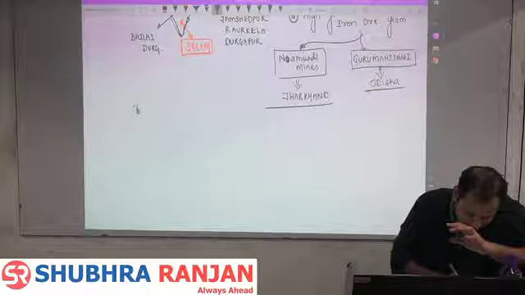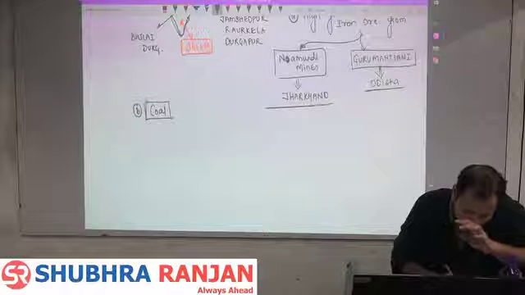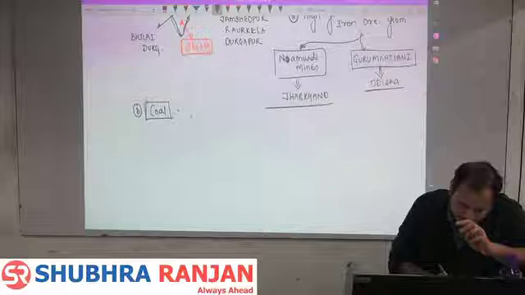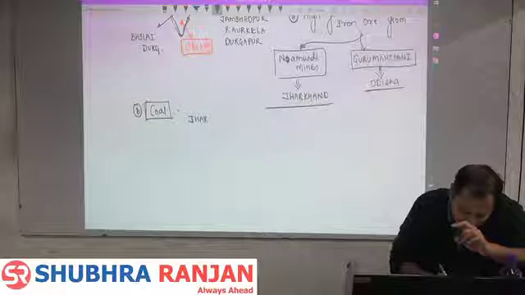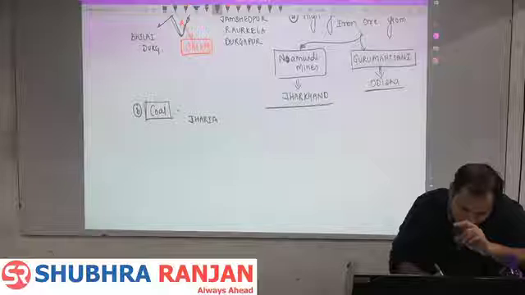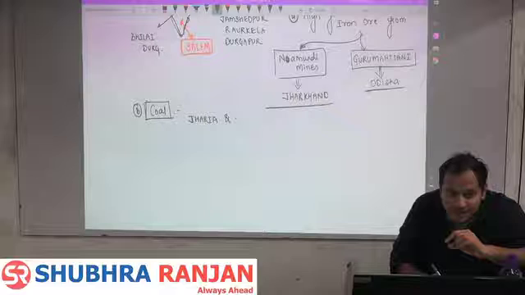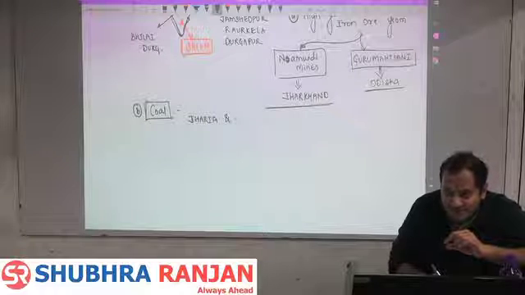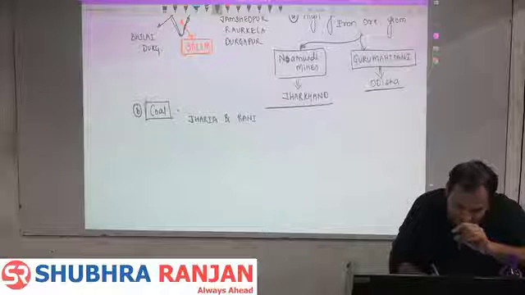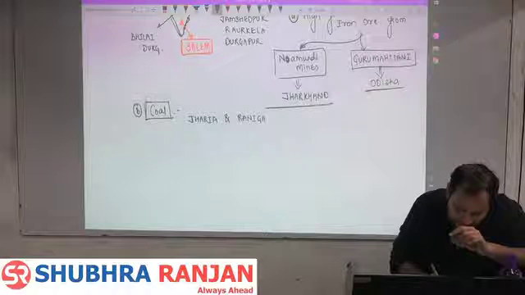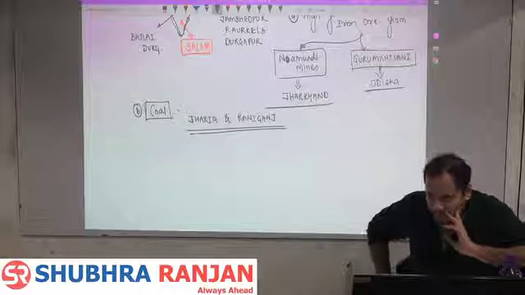Second, coal from Jharia. Jharia is in which state? Jharia, Jharkhand. Fine. And Raniganj, West Bengal. It is one mine, but it has two parts: one is in West Bengal and one in Jharkhand. Raniganj is West Bengal.